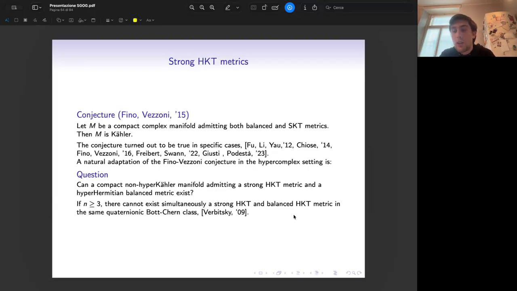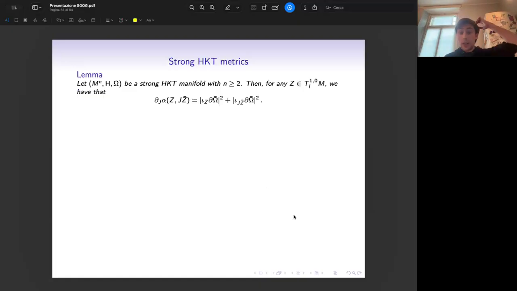Indeed, such metrics are automatically Chern-Ricci flat, and that's forcing, for instance, the first Bott-Chern class, the quaternionic one, to be 0. So we try to address this question in full generality, and our main tool is the following lemma.